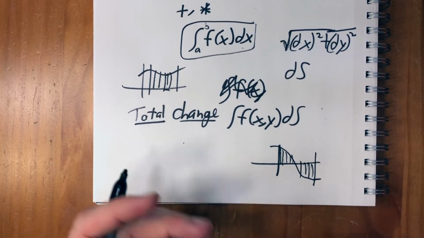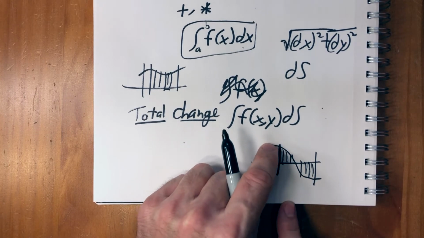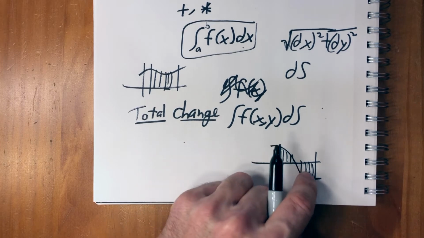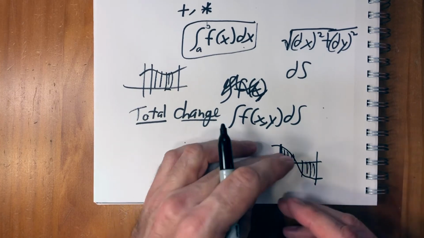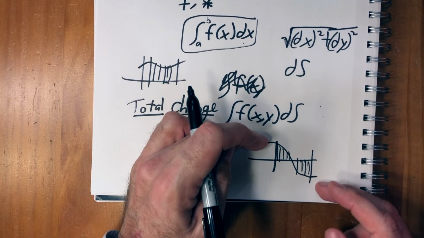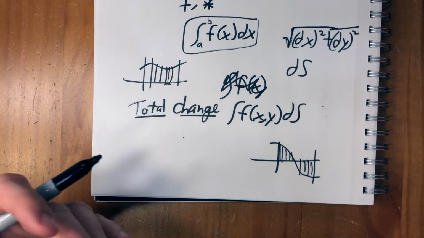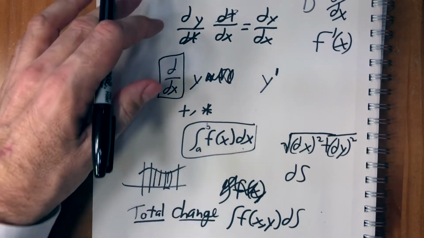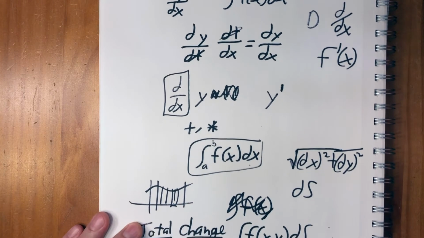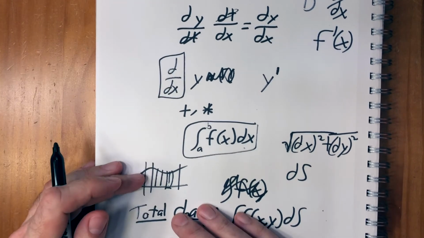If you think about it as total change, it completely makes sense because the change starts out positive and then it goes down to 0 and then it slowly becomes negative so that by the end of the graph, the total change is 0. And the advantage that looking at the integral as total change has is that the derivative is rate of change, the integral is total change, so it's much easier to understand why they're related.